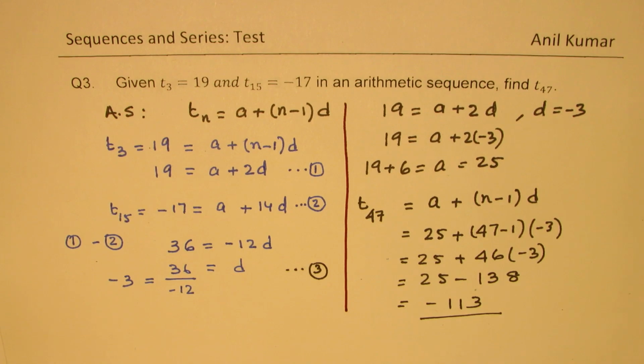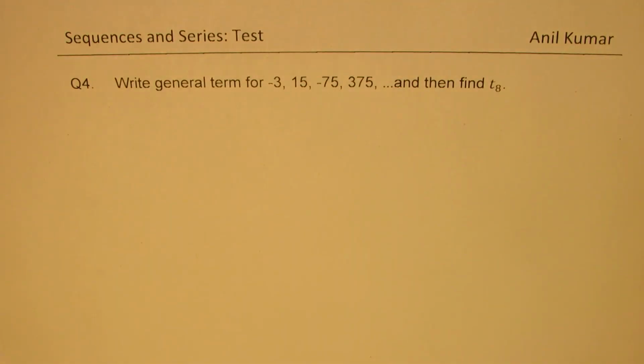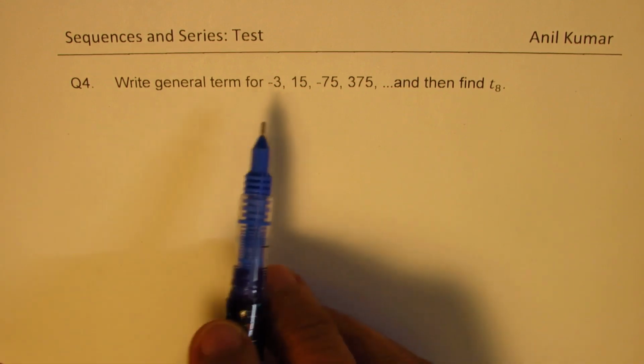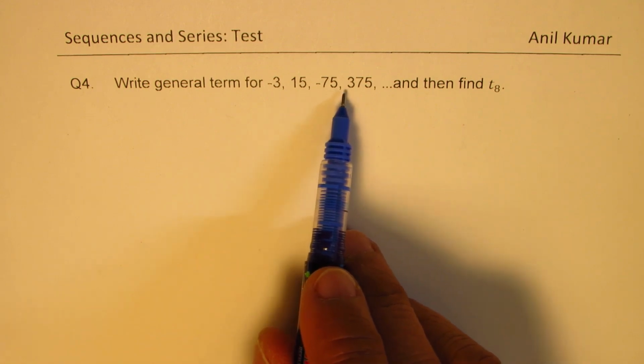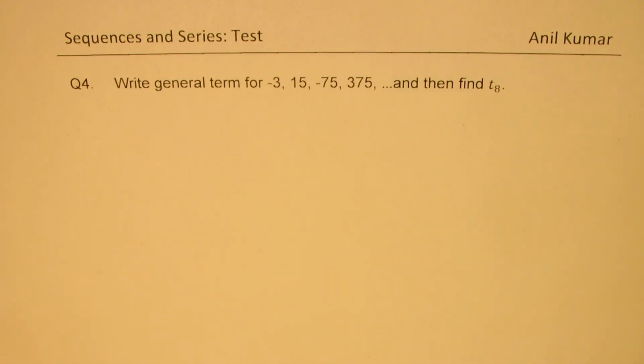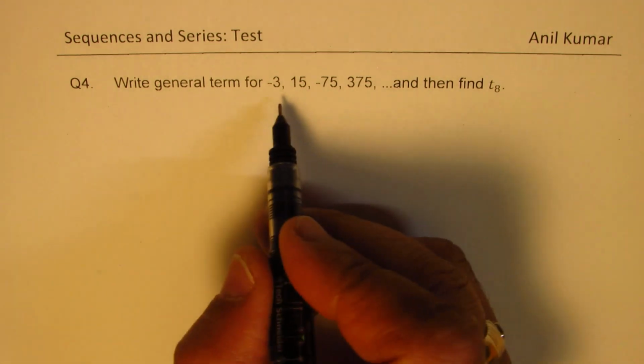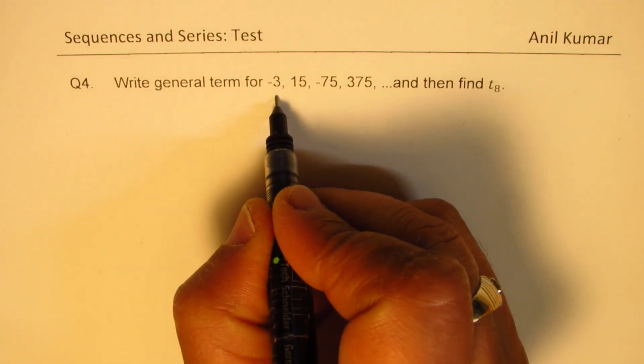And now let's move on and take the next question, which is question number 4. We need to now write a general term for minus 3, 15, minus 75, 375, and so on. So what you notice here is, let's work out the ratios.